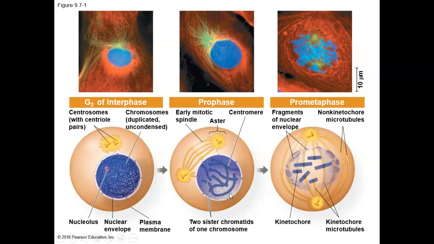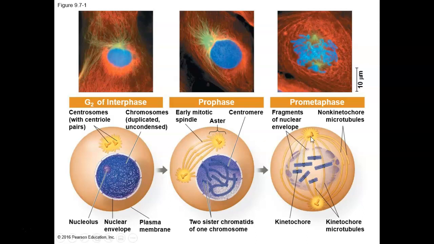So you can see chromosomes forming in prophase, and also during prophase you'll start seeing the mitotic spindle. The mitotic spindle is composed of microtubules. These microtubules come from the centrosomes, or the microtubule organizing centers, and they spread out to really help pull the DNA apart. So you can think about DNA as a thing that needs to separate. Mitotic spindles are the things that grab it and pull it apart.